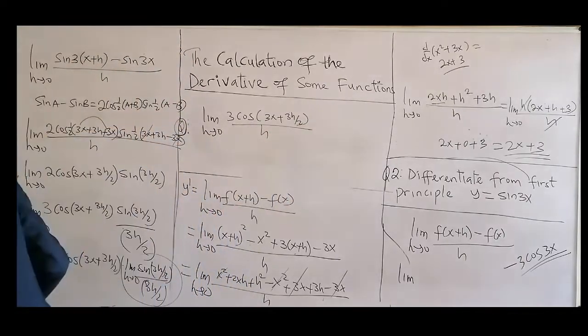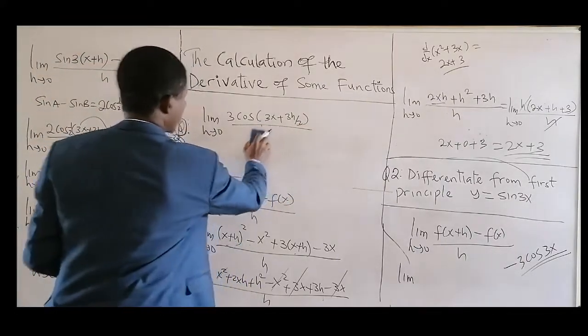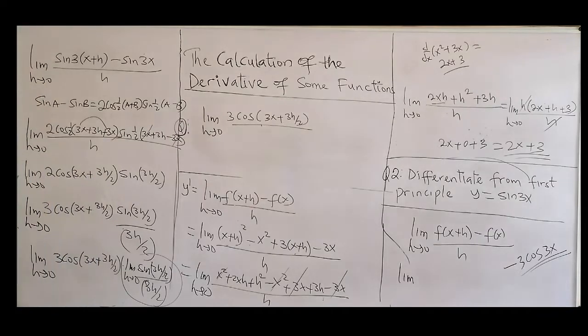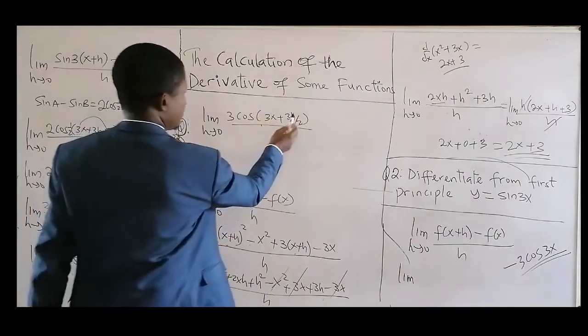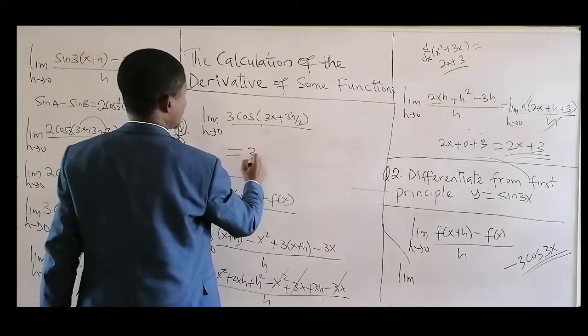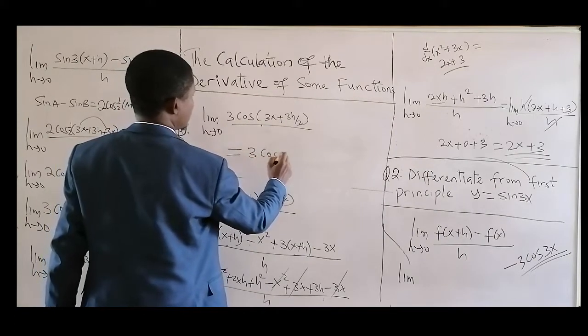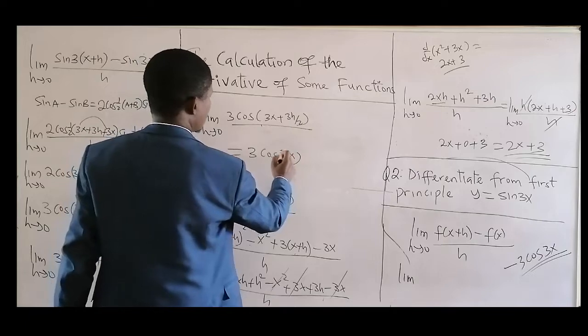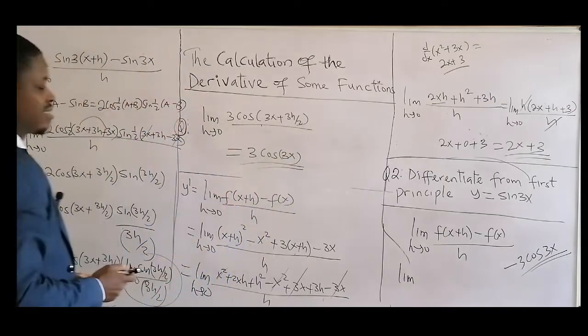No, that is already cancelled out. So that's what we have. Then do your final substitutions. This will be 0 over 2, and that will be equal to 3 cos 3x. So that's the answer.